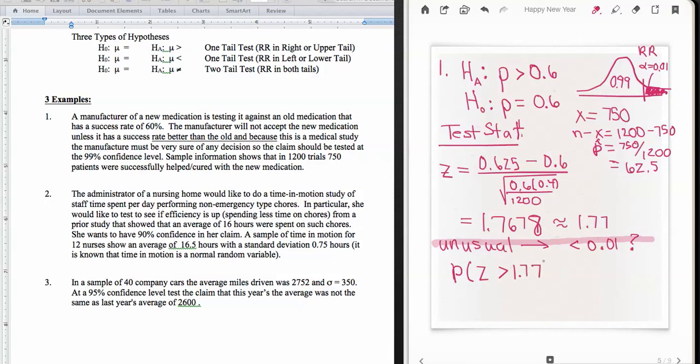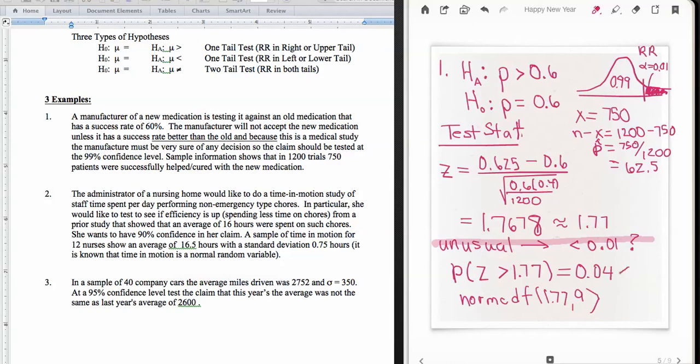So 1.77. To do this on my calculator, I have to do normal, and then I do my CDF, and then I'm going to do 1.77, comma 9, and then end it. And that's going to give me my probability. So doing that, second function, variables, normal CDF, and 1.77, comma 9, and then enter, and this gives me a probability of 0.04.